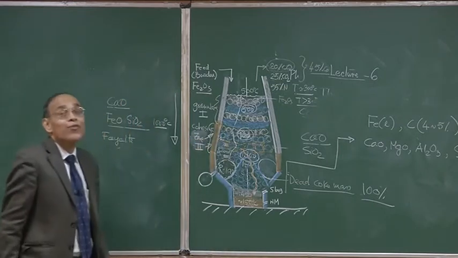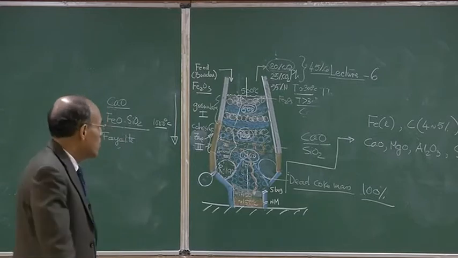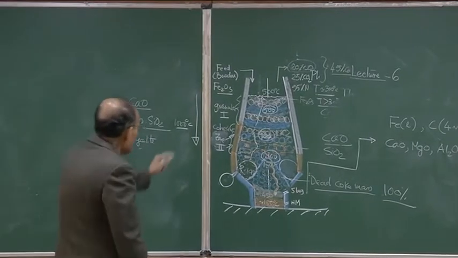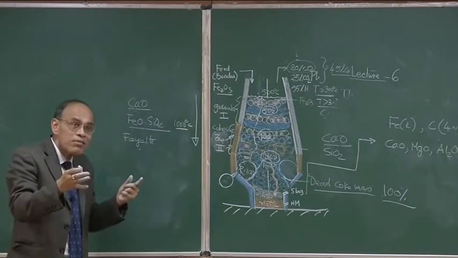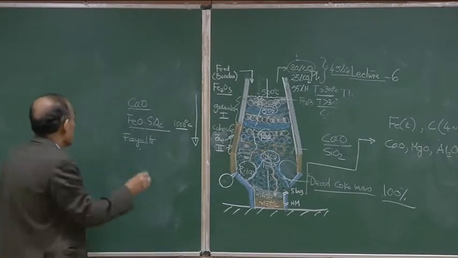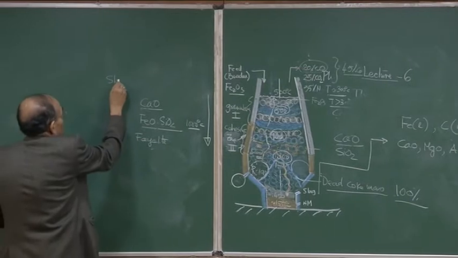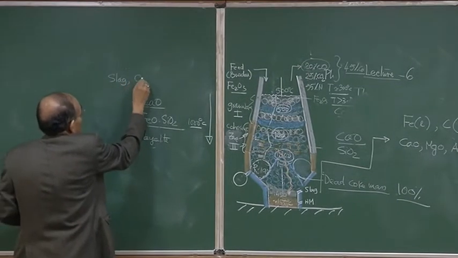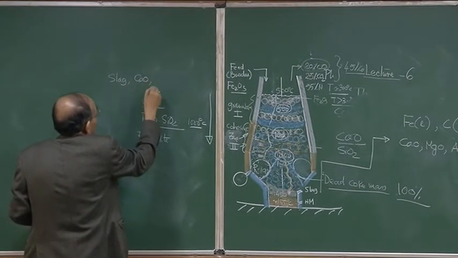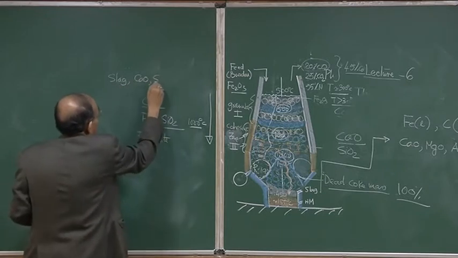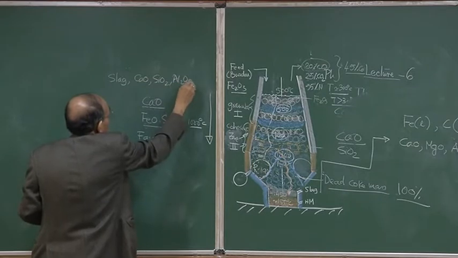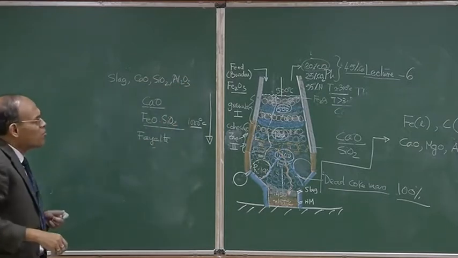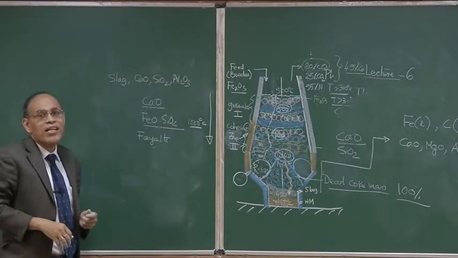Where the first liquid starts to appear. And below the cohesive zone, we have a slag phase, liquid slag containing calcium oxide, silica, maybe alumina, and below the cohesive zone mostly the iron oxide does not exist.